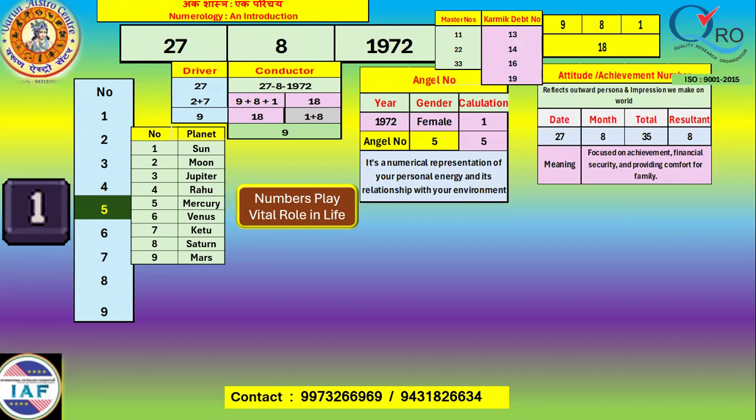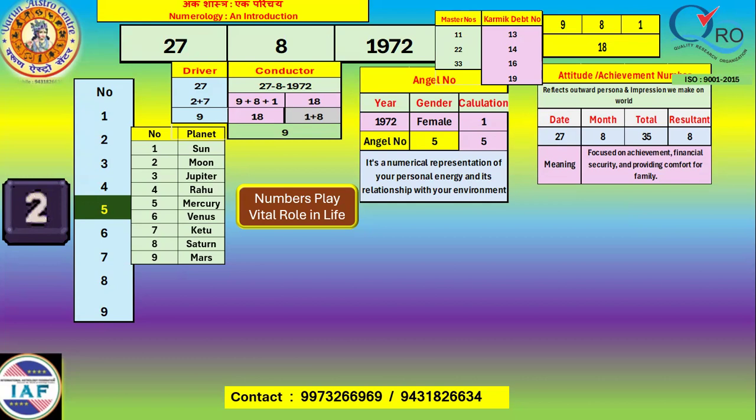So here date is 27, month is 8. When added together, it gives 8. This means focused on achievement, financial security, and providing comfort for the family. This is the native's motto for achievement planning. This is the aim of the native to achieve.